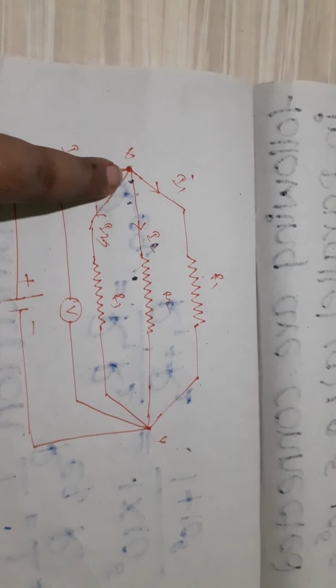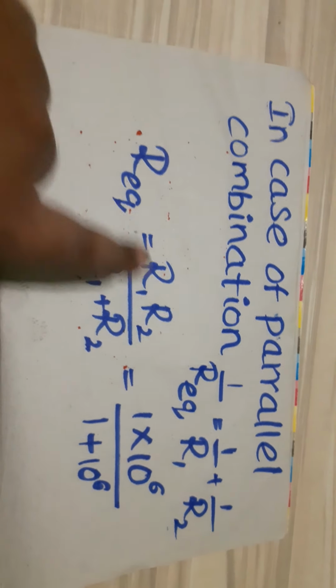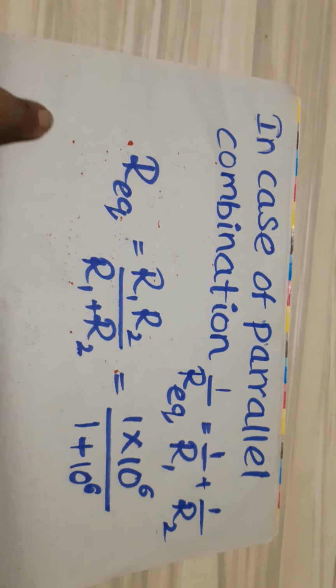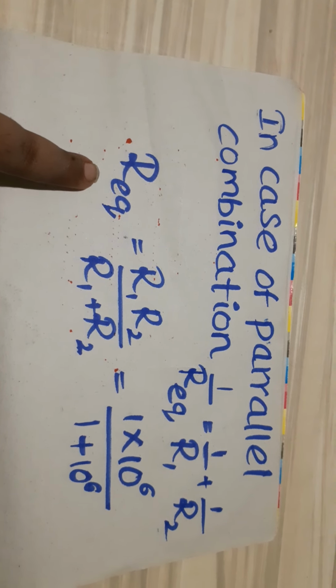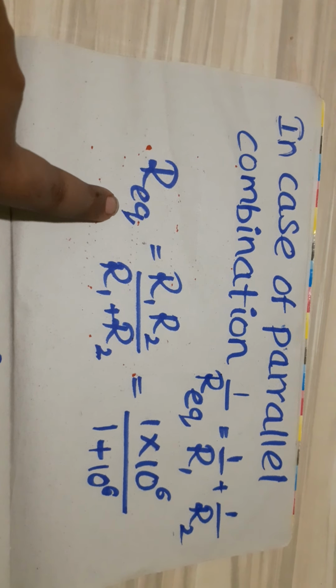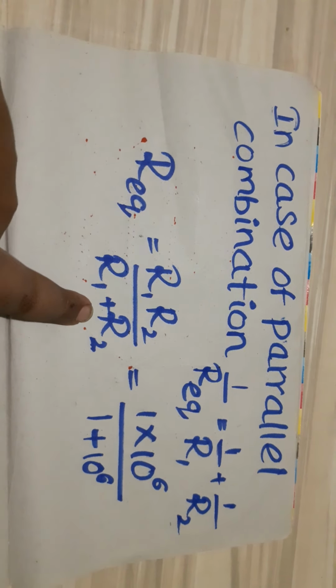First of all, the formula for parallel combination: 1 by R equivalent is equal to 1 by R1 plus 1 by R2. This is 1 by R equivalent, but in the question they are asking the total equivalent resistance. So total equivalent resistance Req equals R1 R2 by R1 plus R2.